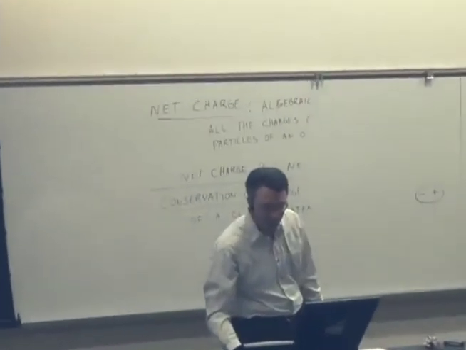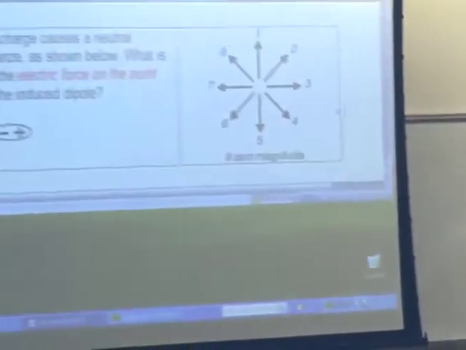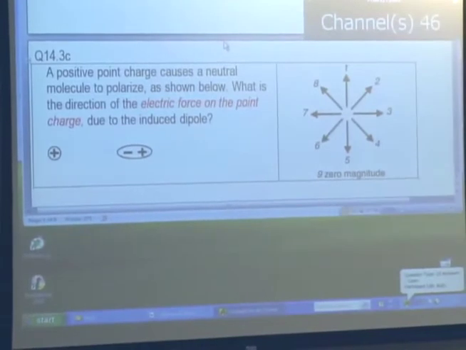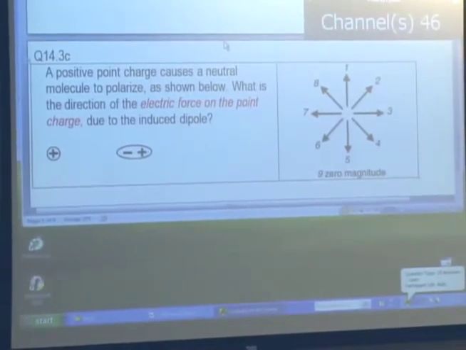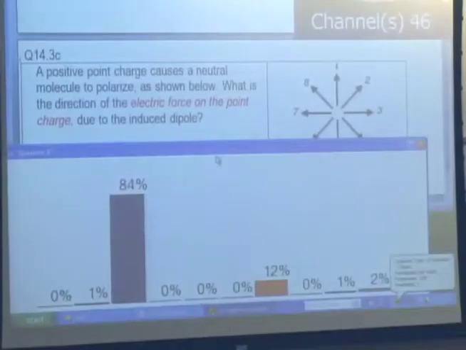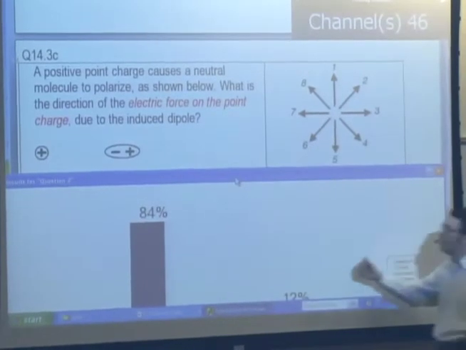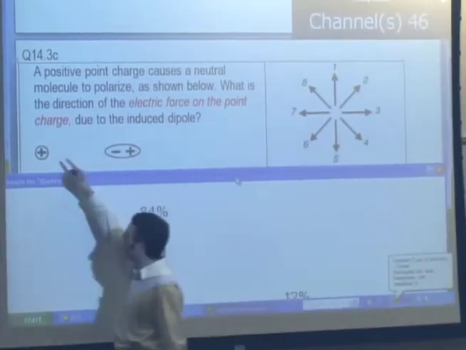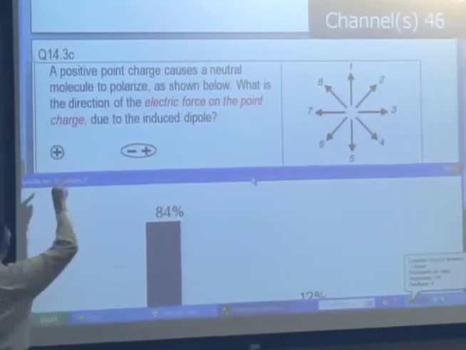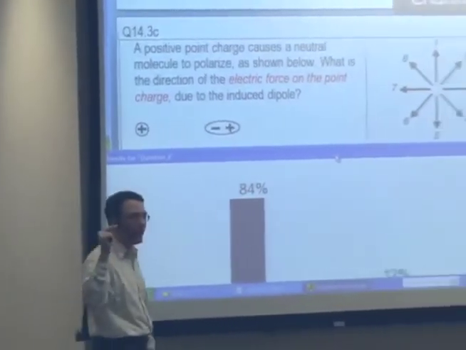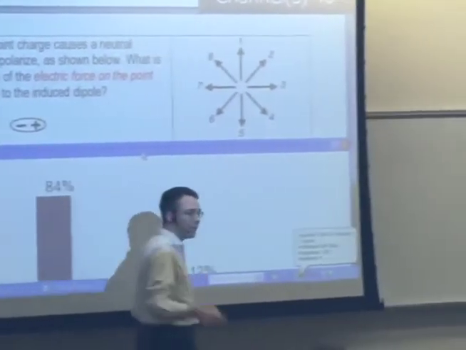So, if we know the direction of the field, what's the direction of the electric force? This should take 30 seconds. It's got to be direction 3. If the electric field is pointing in direction 3 and you place a positive charge there, the charge is positive, so Q times E gives you a force vector that's in the same direction as the electric field.